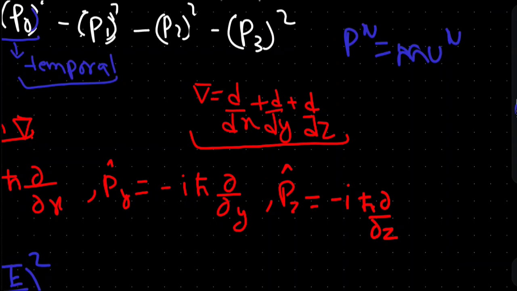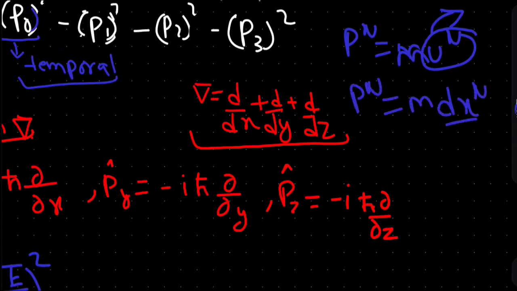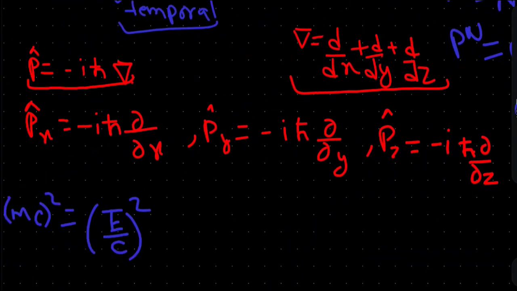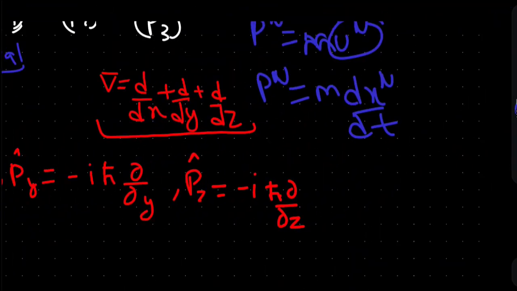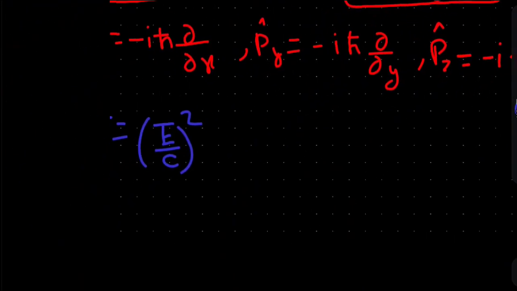What you can do is take this particular velocity in the form of the position form as dx mu divided by dt, and similarly you can do this for first x, then y, then z, and then finally for the temporal component. And after this you will see how this equation follows. So I'm not going to derive it here, I've just given you the hint so you can derive this.